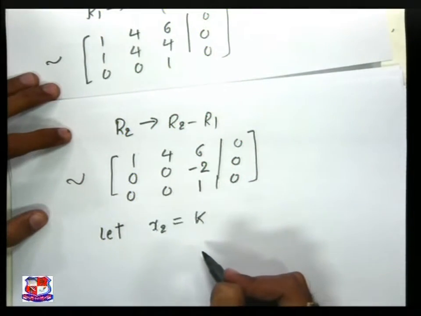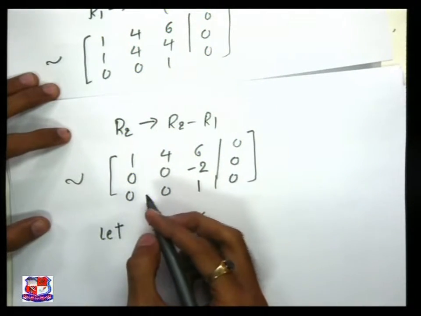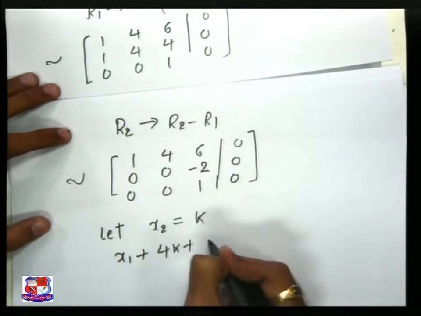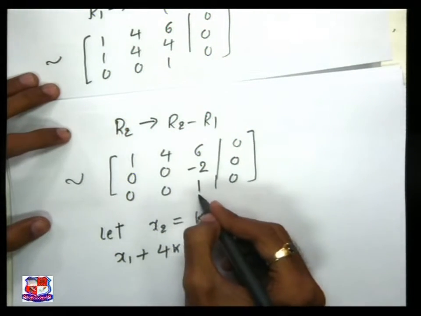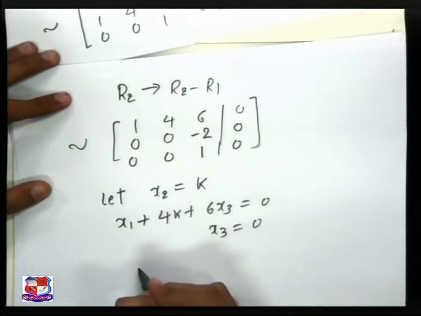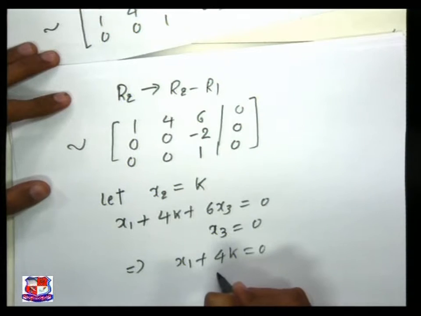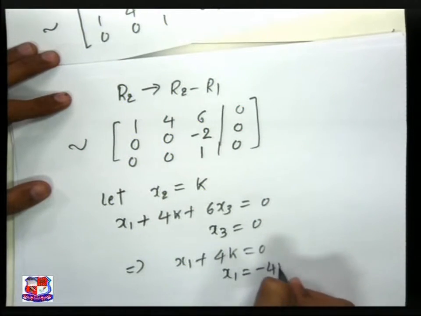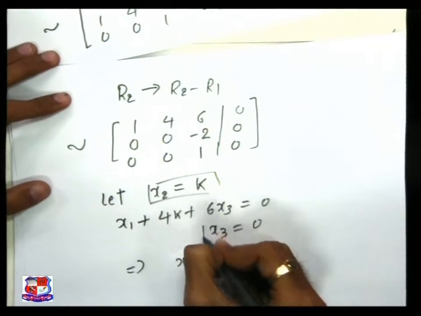If we take x2 is equal to k, then from the first row we get x1 plus 4k plus 6 x3 is equal to 0, and from the third row we get x3 is equal to 0. So the first equation becomes x1 plus 4k is equal to 0, so x1 is equal to minus 4k. Here x2 is equal to k and x3 is equal to 0.